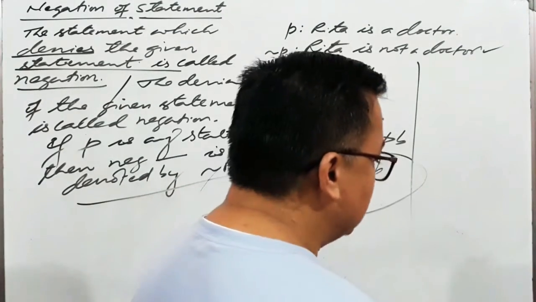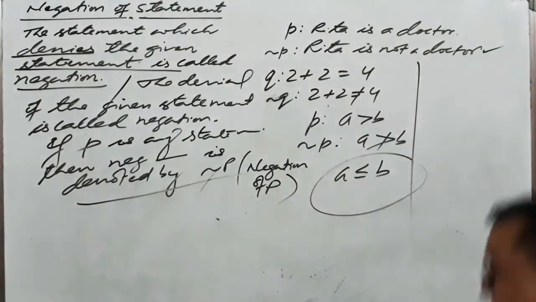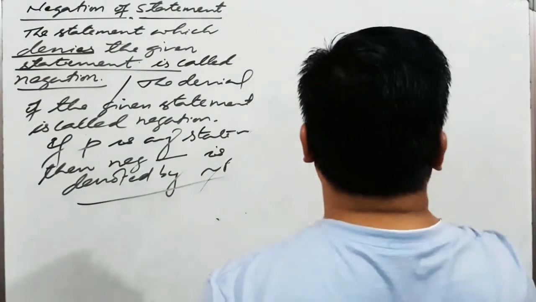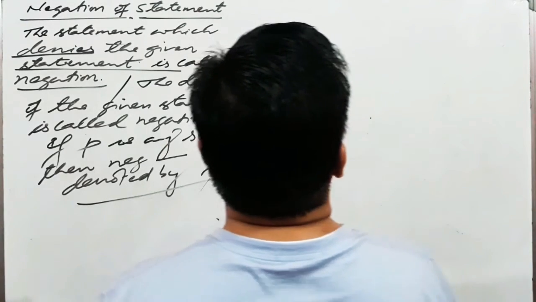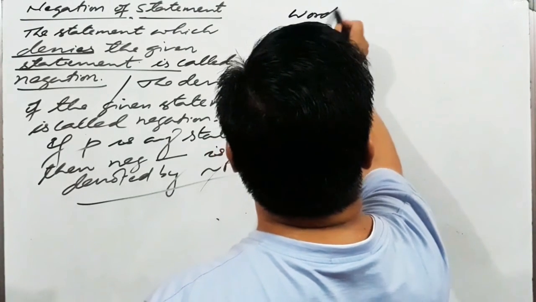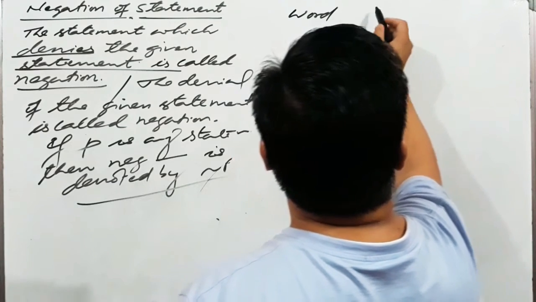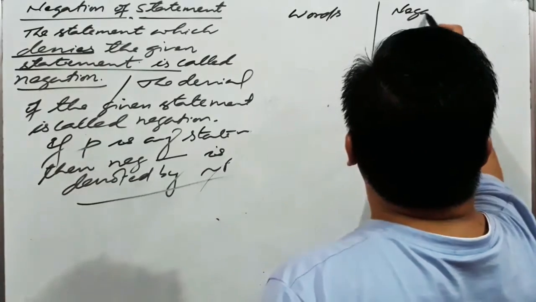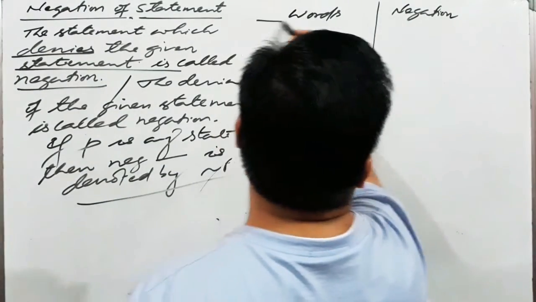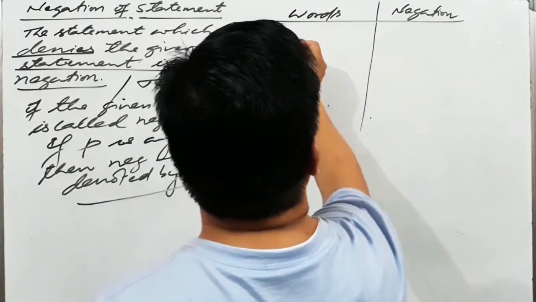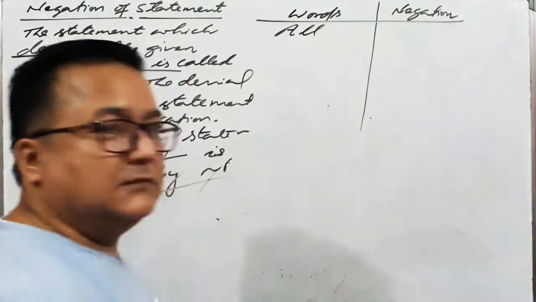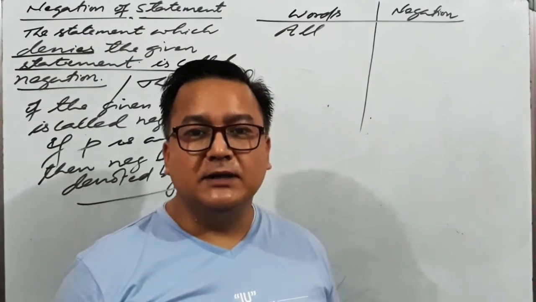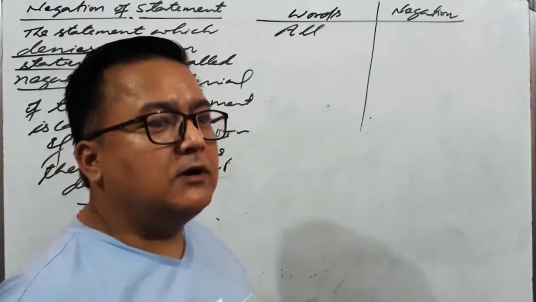But in some sentences, we have a different way. Let me first write down the words and their negations. Listen to me, everybody. If you get a statement like all students are laborious, you cannot say all students are not laborious.